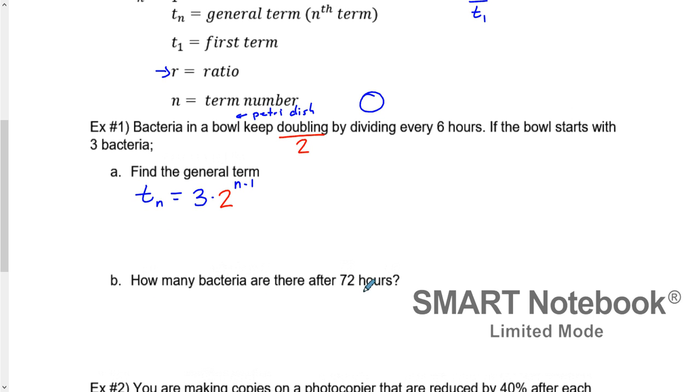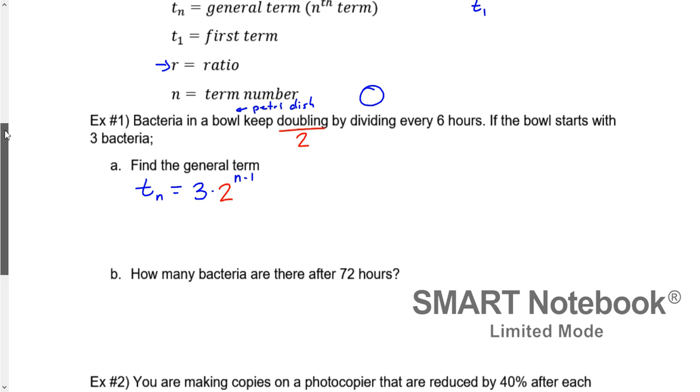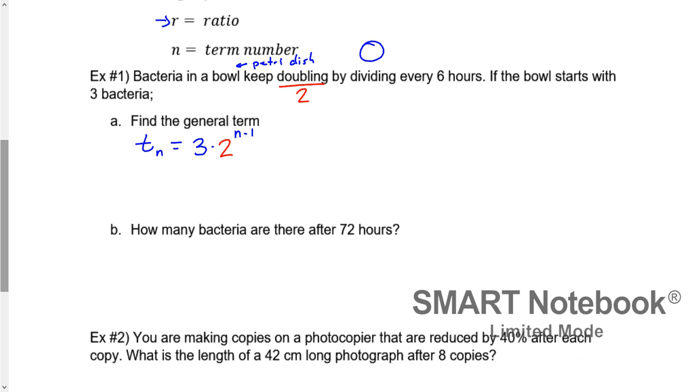So how many bacteria are there after 72 hours? If it's doubling every 6 hours, 72 divided by 6 is 12. The next part is to plug our bit in. Now, there's one little bit to this 12 that we have to be careful with, because at time 0, it has 3 bacteria.